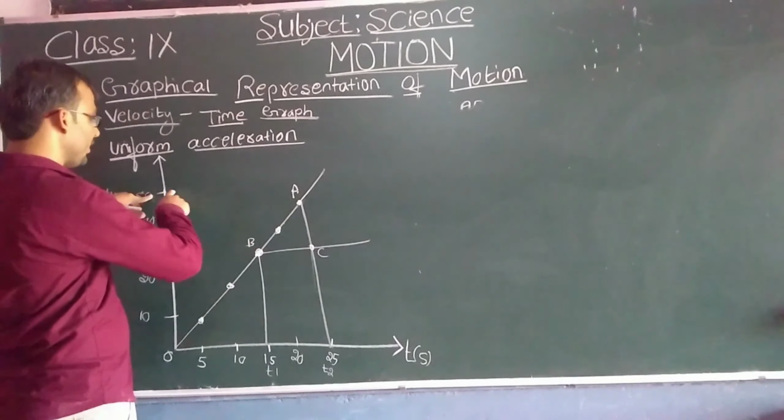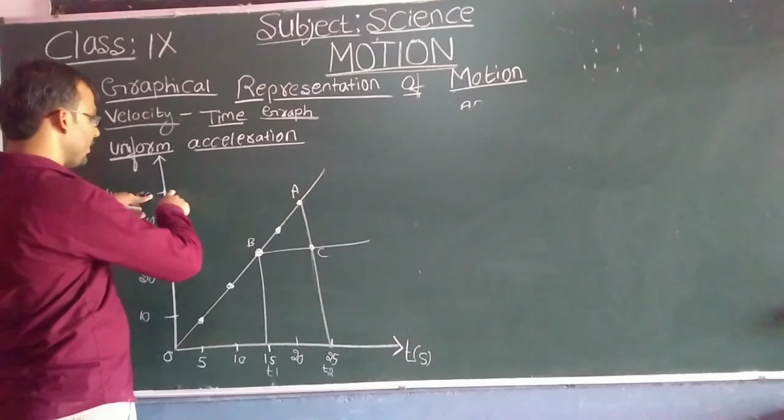So here, what is V? V is 50, and what is U? 30. So 50 minus 30 divided by time. Here we have taken the time interval T2 and T1, so T2 minus T1. 50 minus 30 is 20.